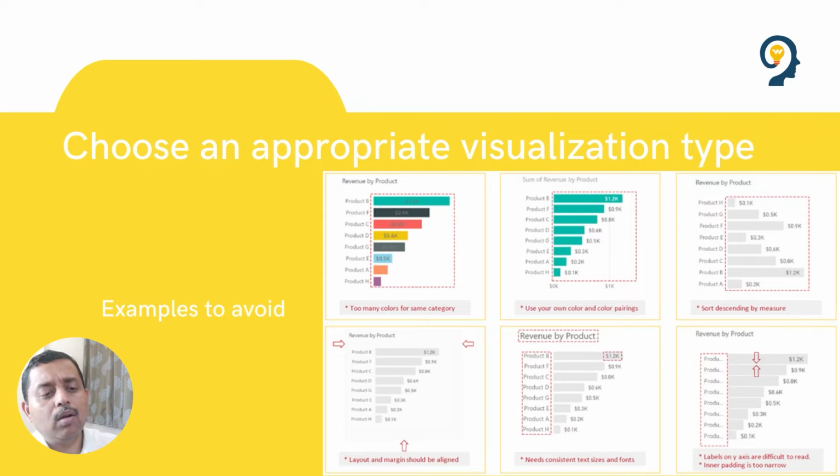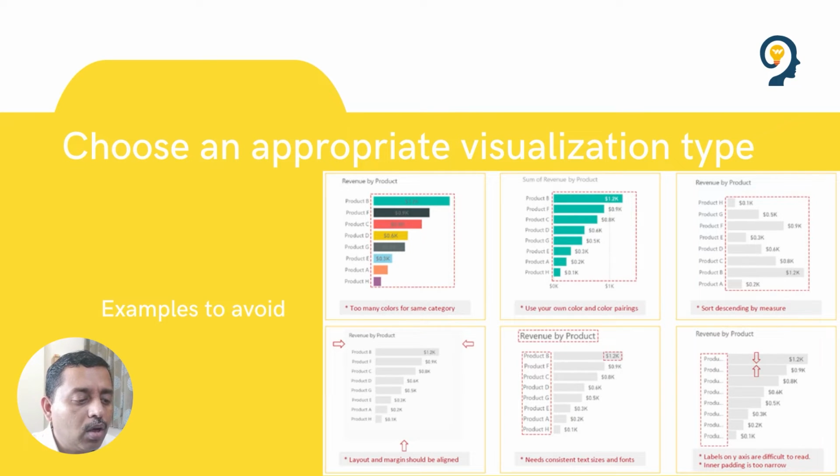Then comes the concept that if you have data coming in, it should always be in an order, either descending or ascending, whatever. Usually it should be a descending order, from the measure that you follow.